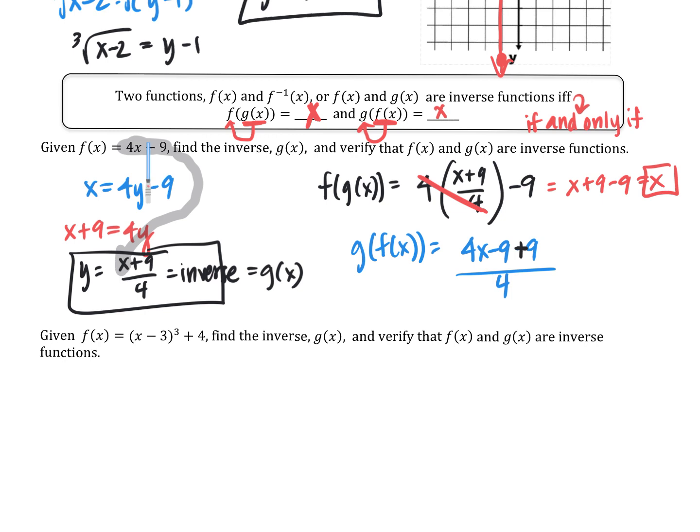I had to put f into g. We okay with it? Appreciate you, Blake. Then, what's plus 9 minus 9? And I'm left with 4x over 4. Hey! Is that what we needed? By doing that, we 100% got it right. Boom. Done.